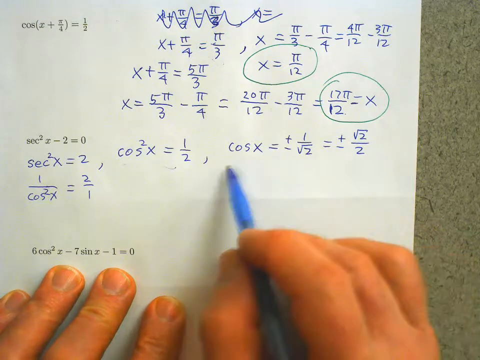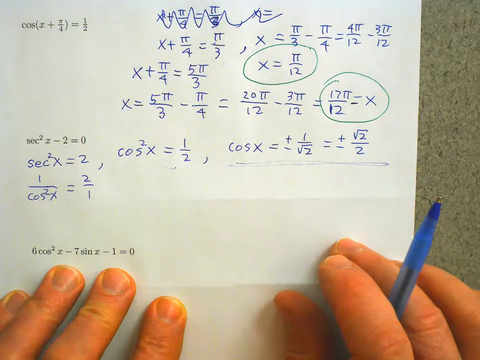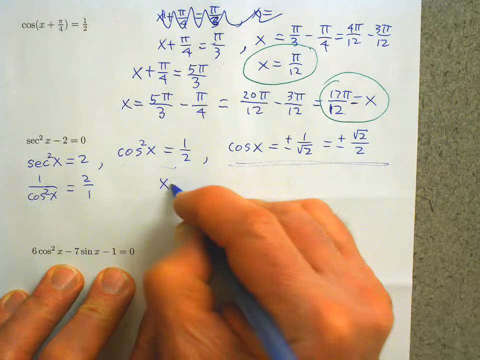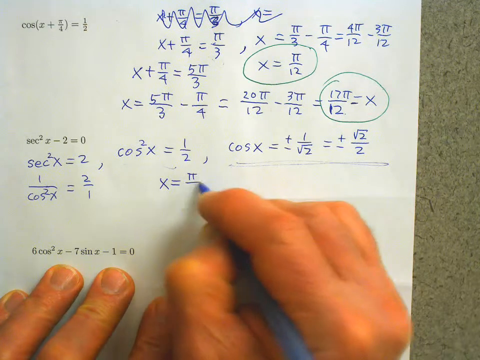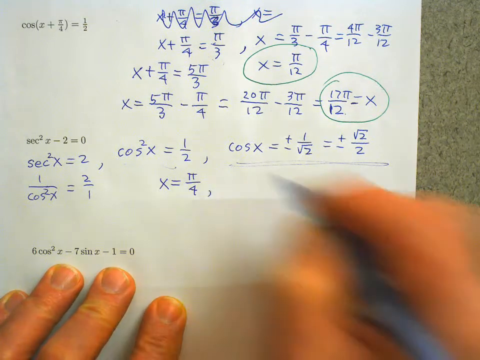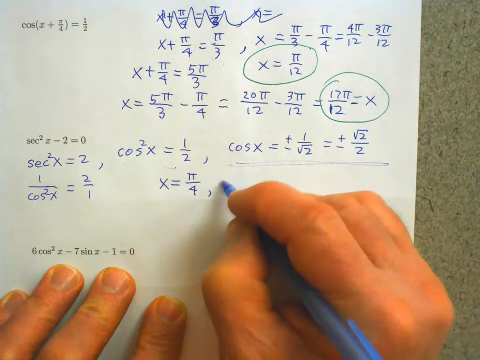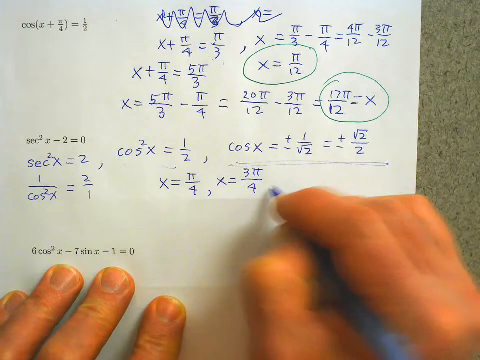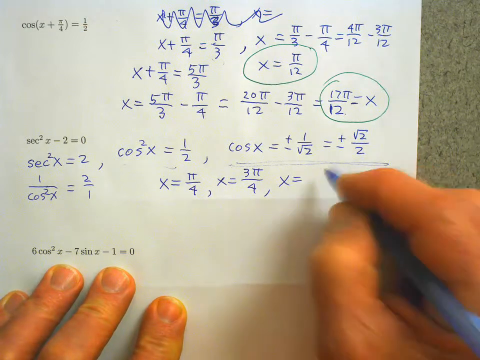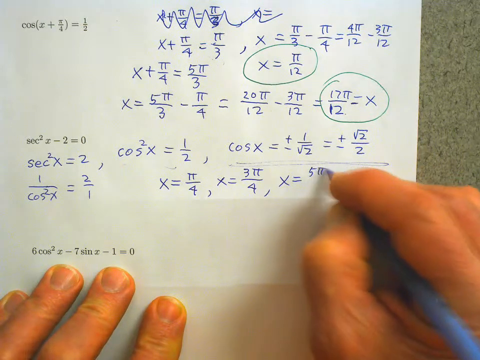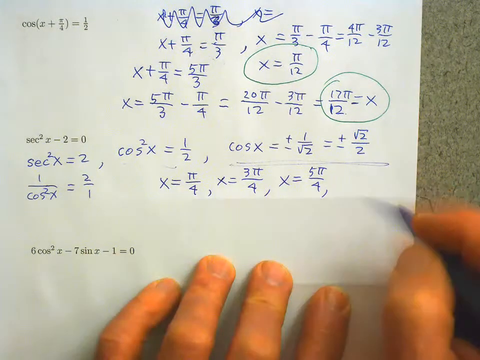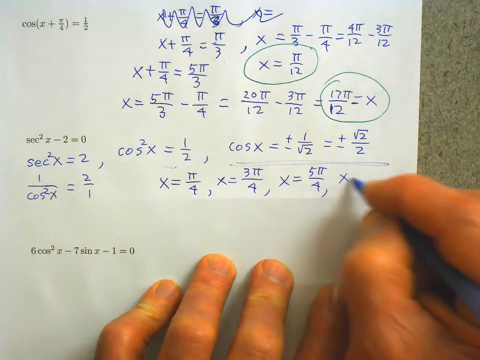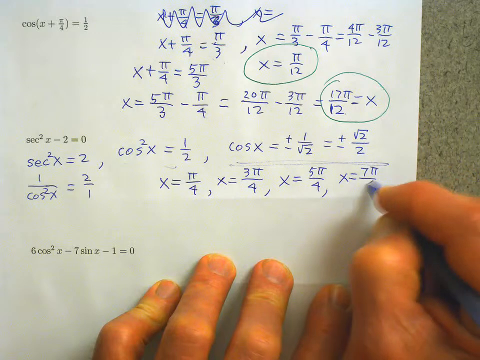So this will have four solutions between 0 and 2 pi. x is equal to pi over 4 in the first quadrant, 3 pi over 4 in the second, in the third quadrant x is 5 pi over 4, and finally, in the fourth quadrant, x is 7 pi over 4.